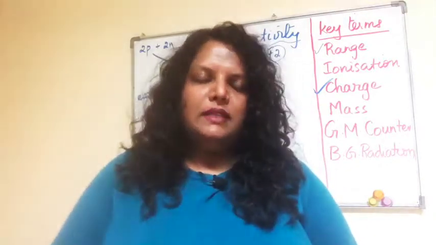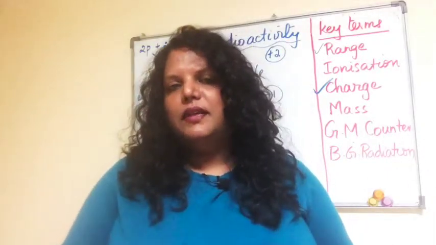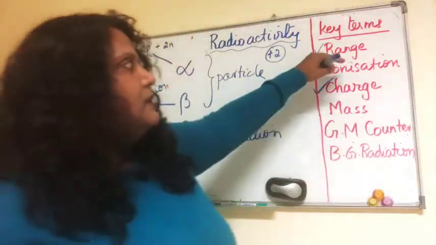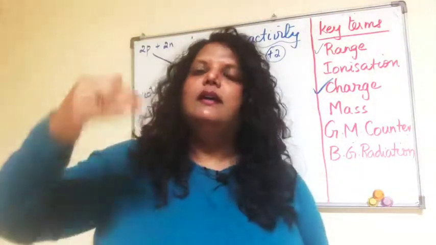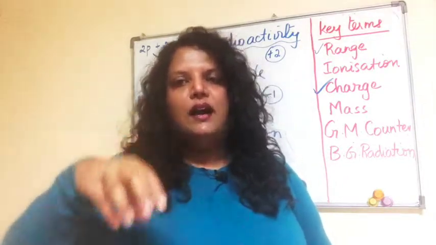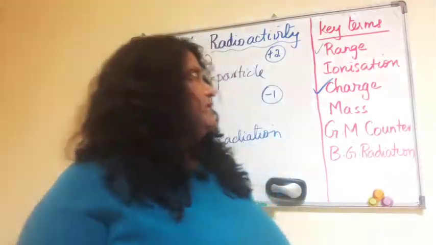What happens in the end, we'll see. So there is a particular range for these particles or radiation that travel through. So this term represents how far they are going to travel in a medium.